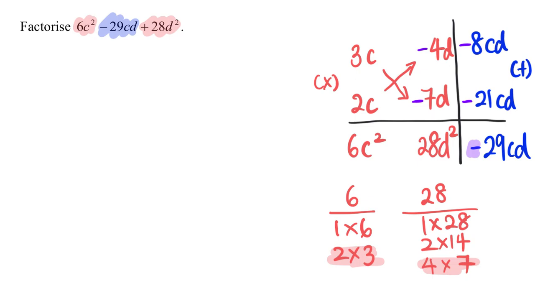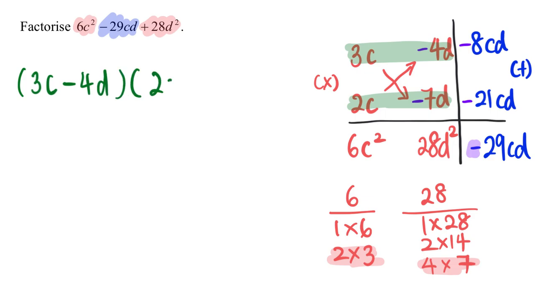And so we have successfully factorized this particular expression. So the answer will be 3c and negative 4d, 2c and negative 7d.